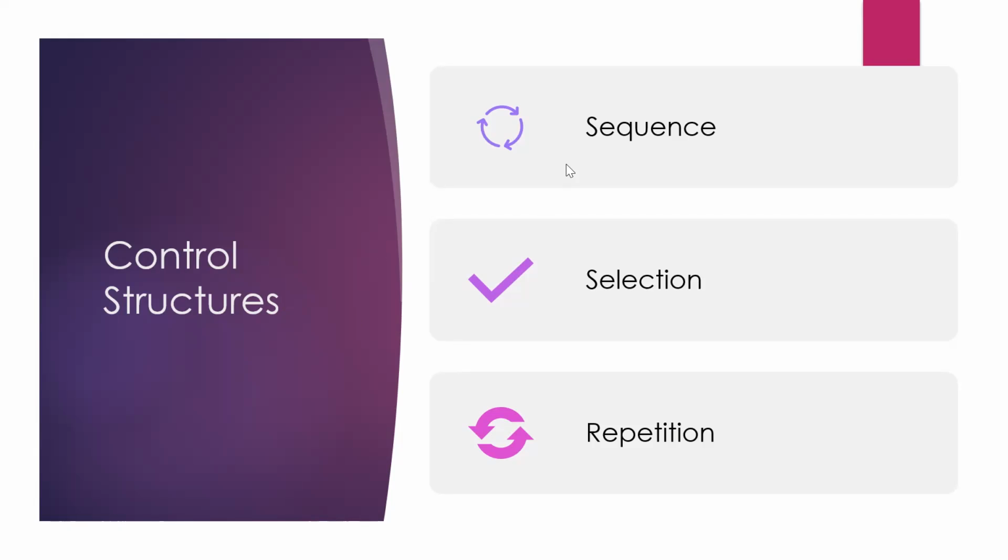So under this, let's take down. There are three types of control structures: sequence, first one. Second one is called selection. Third one is repetition. There are three types of control structures used when developing algorithms: sequence, selection, and repetition.